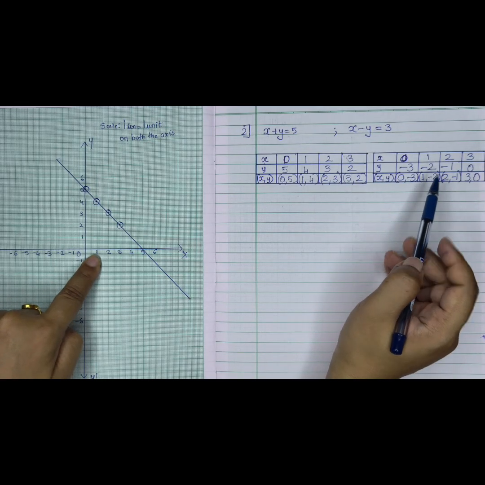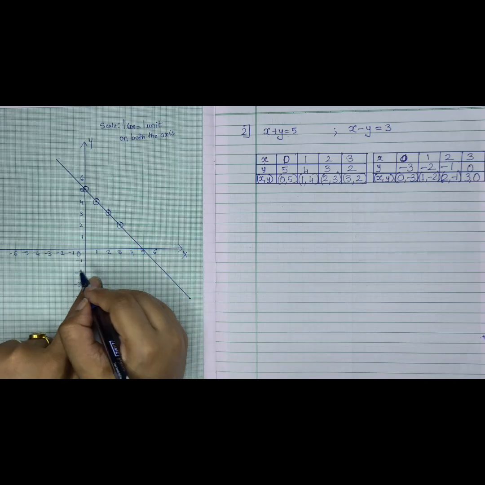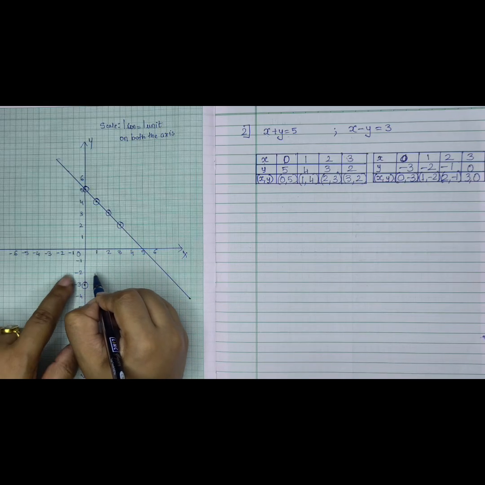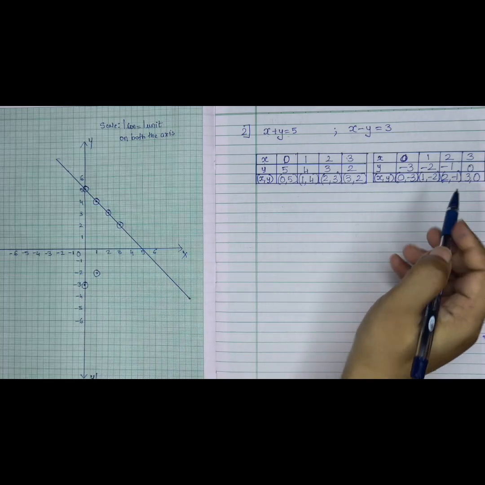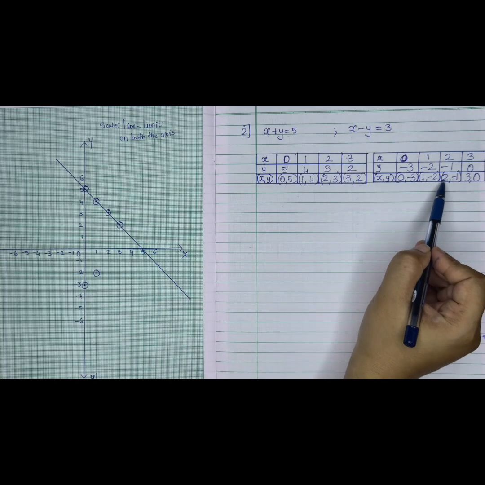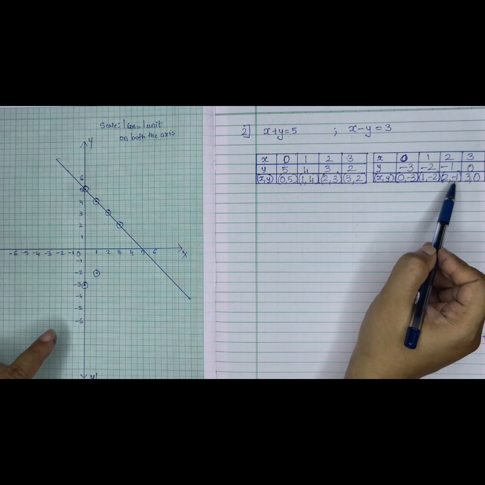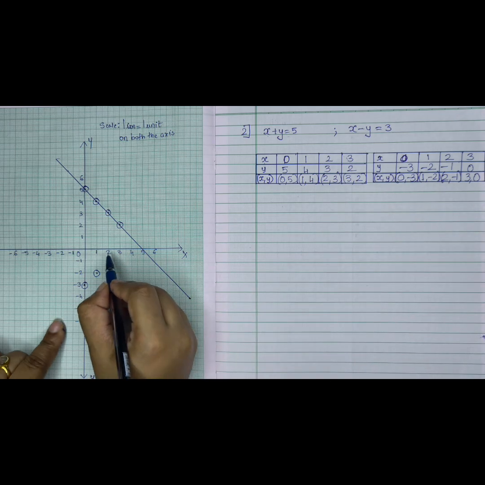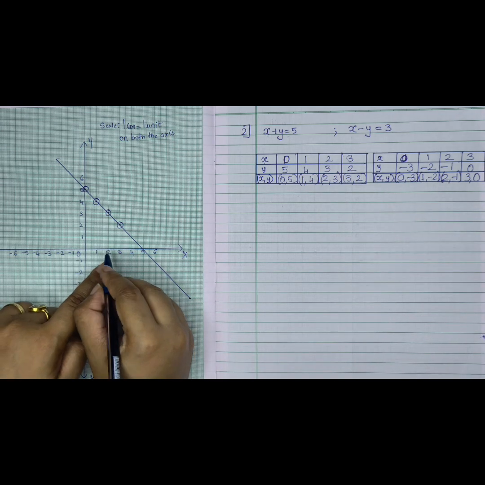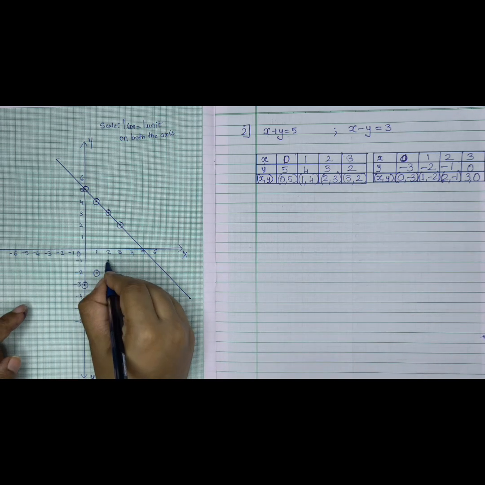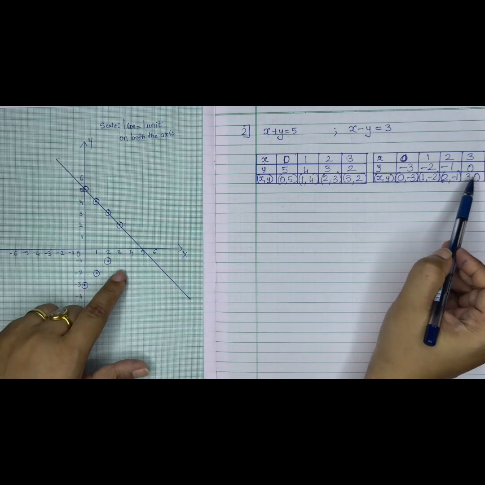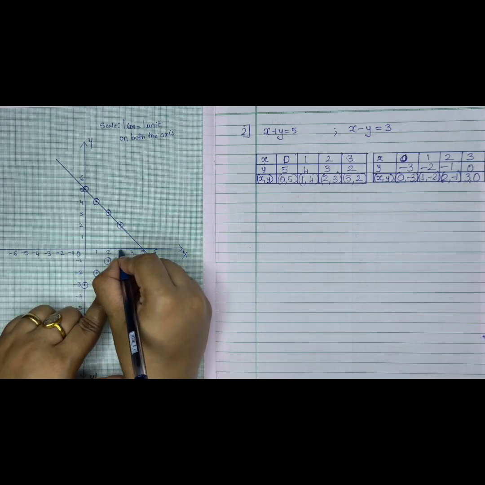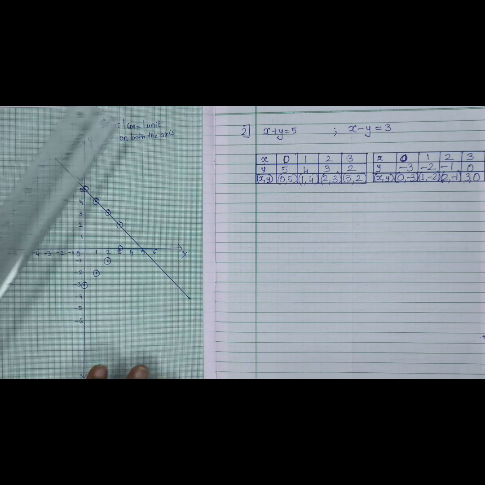Next, x is 2 and y is minus 1 here. So 2 and minus 1. Next, x is 3, so this will be on the x axis. We join this.